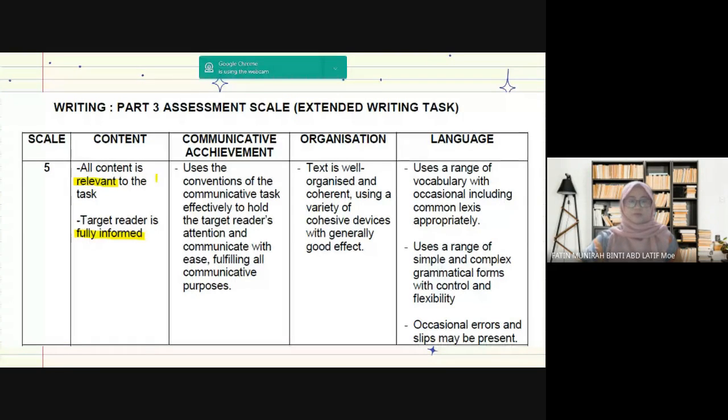Okay, fully informed. Maksudnya kami, we as your reader or as your marker understand clearly, faham dengan betul apa yang awak cuba sampaikan. Okay, so that is how you get 5 for content.